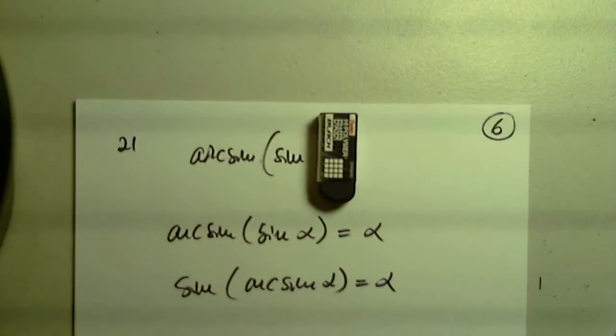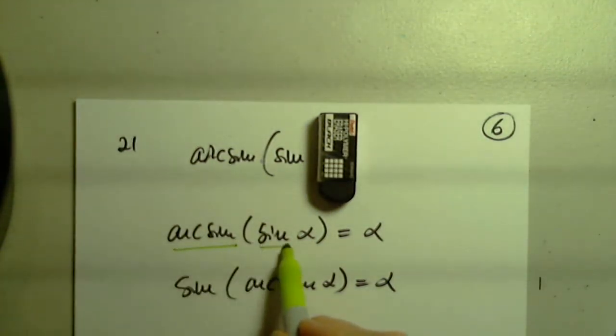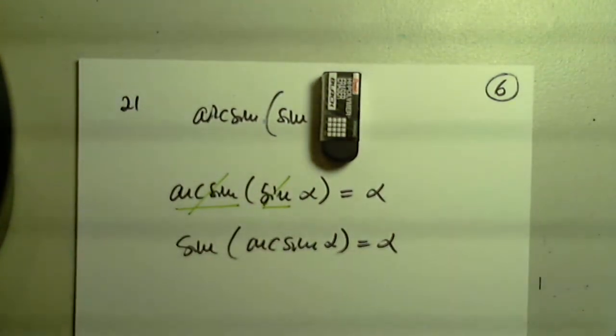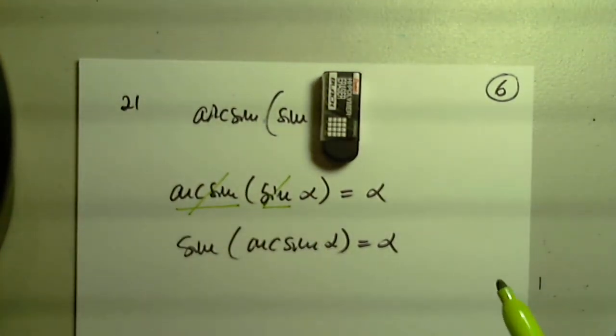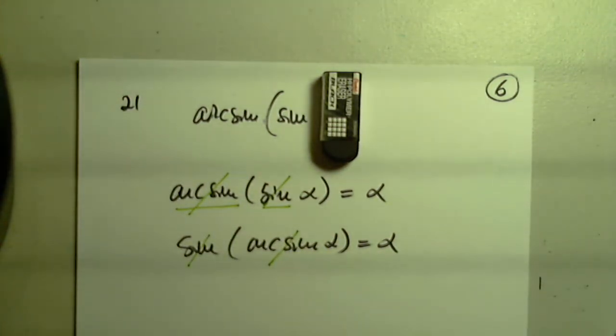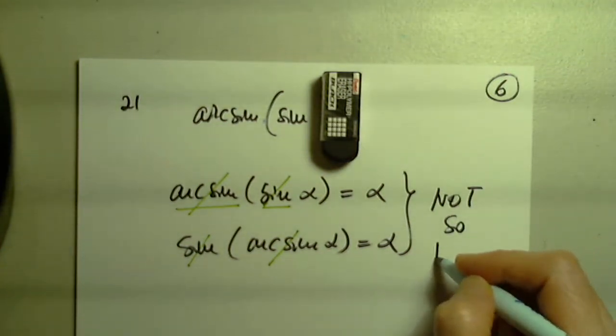How come? Well, because I'm applying the inverse function to the function. So this will cancel this, and the answer is alpha. Same thing here. I'm applying the inverse function to this function, so this is alpha. And it's all good and nice, but the answer is not so fast.